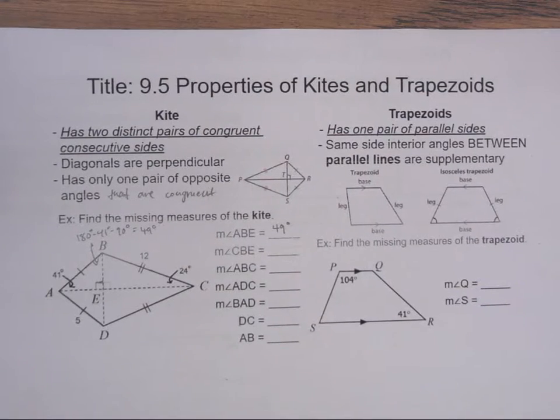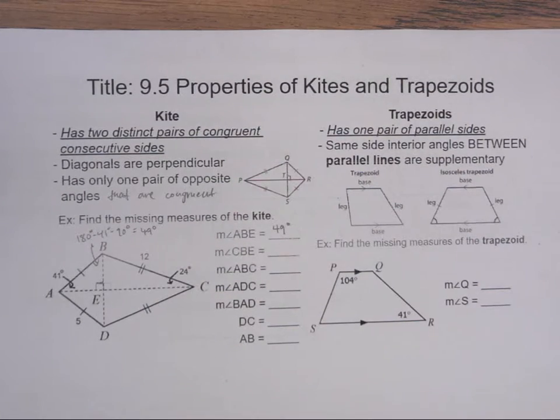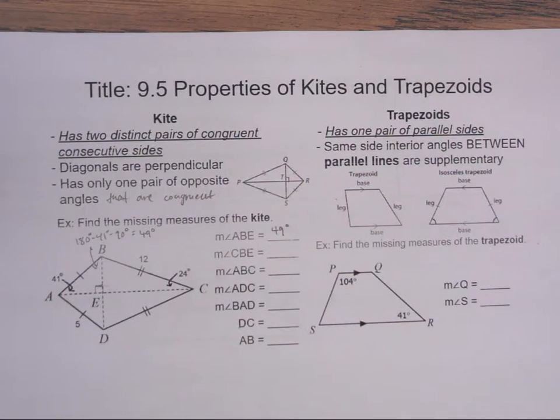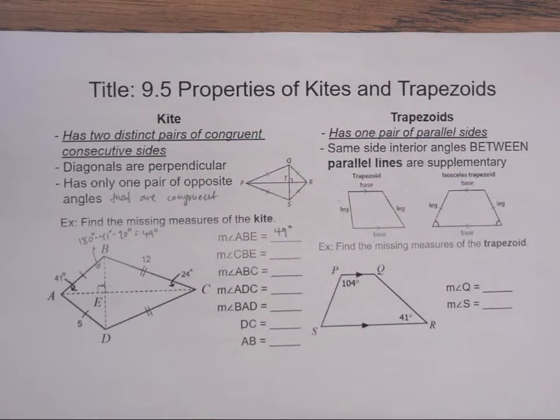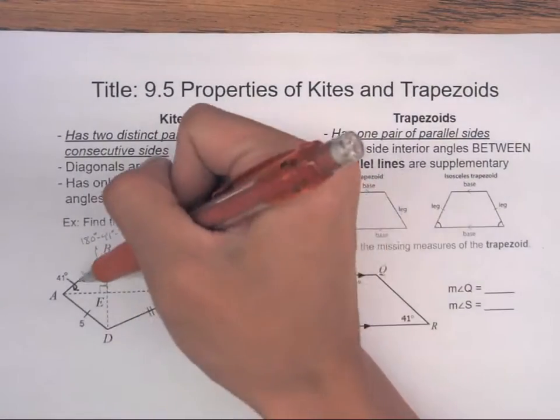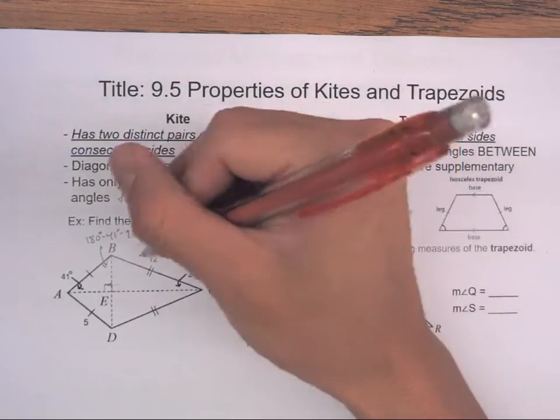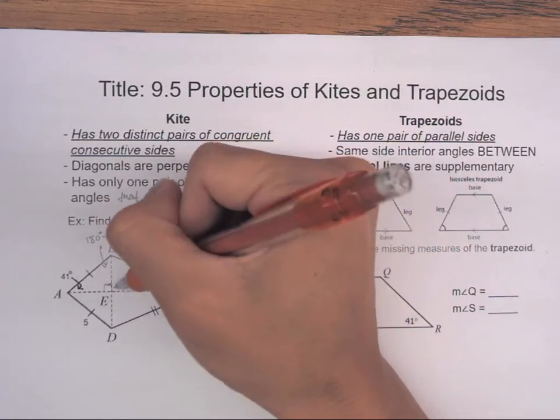Now there's another way you could do this. If you already know you have a right angle, the sum of these two angles has to add up to 90. So just go 90 minus 41, and that's 49 degrees. Measure of angle CBE, same thing.